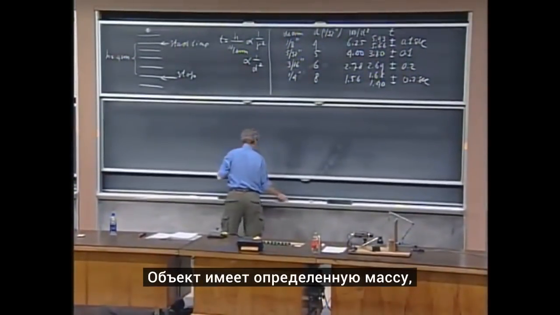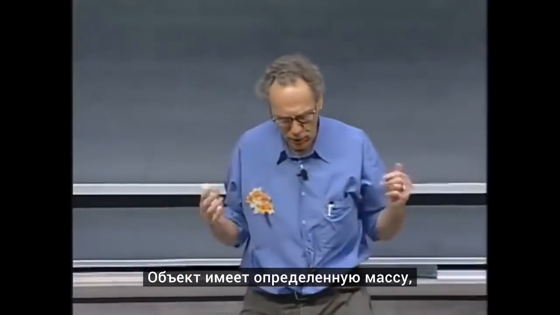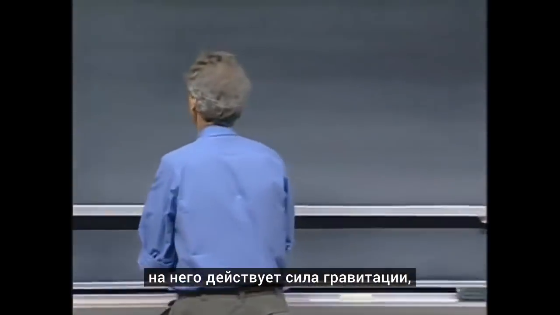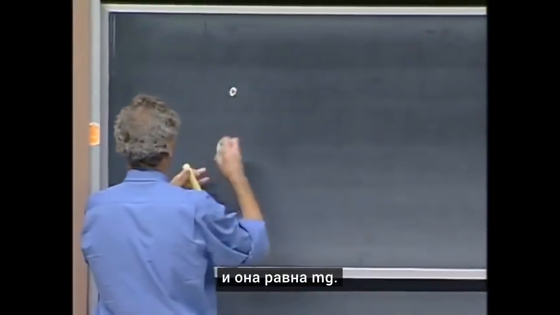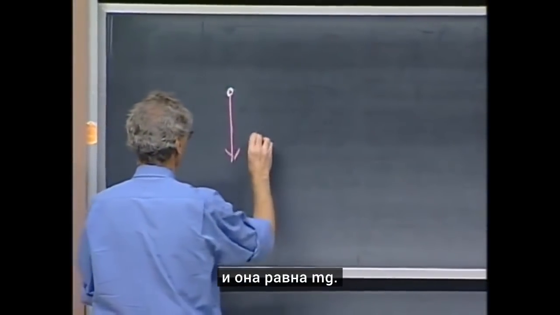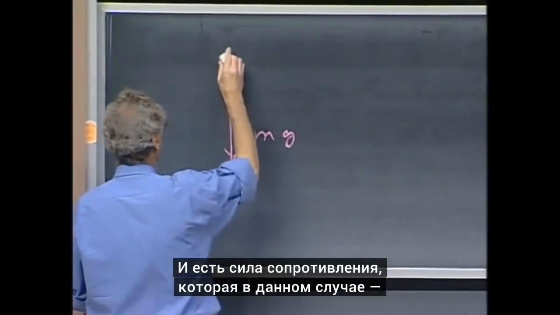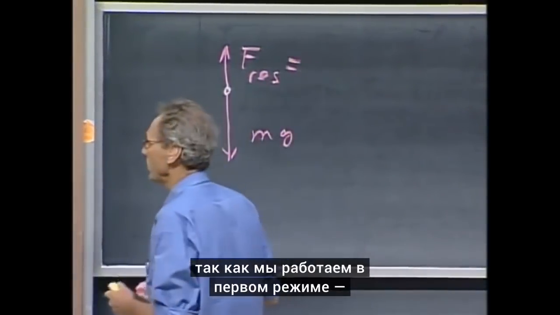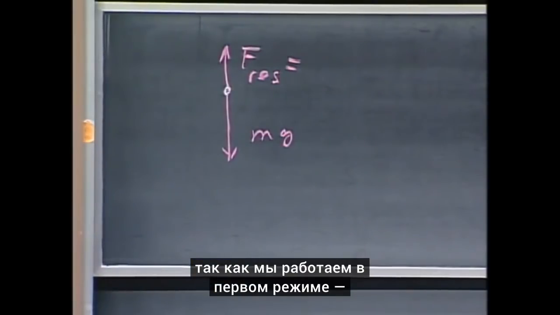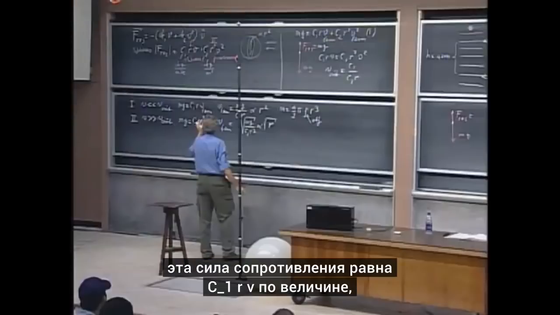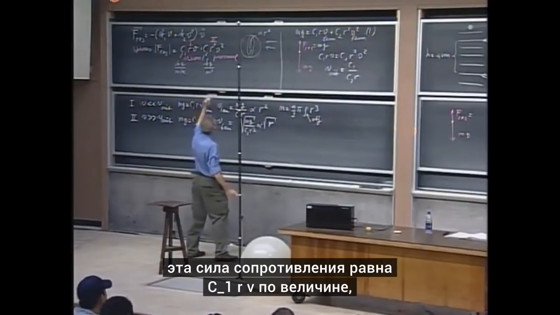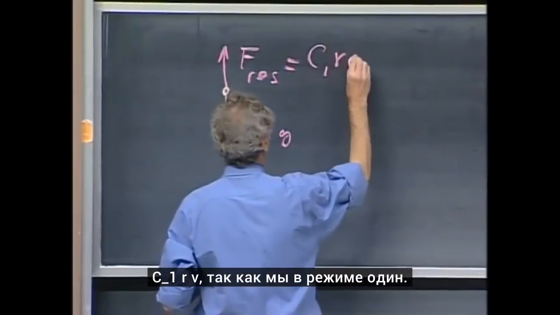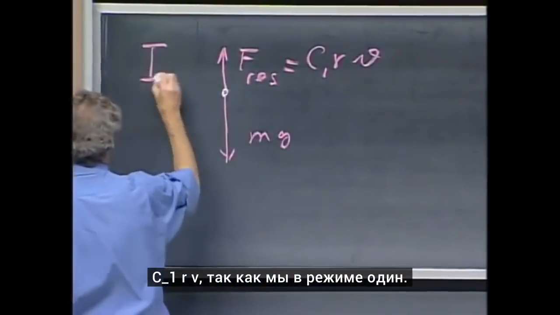Well, the object has a certain mass, so there is a gravitational force on it, and the gravitational force equals mg, and then there is a resistive force, which, because we are operating in regime 1 exclusively, equals C1 R V in magnitude.